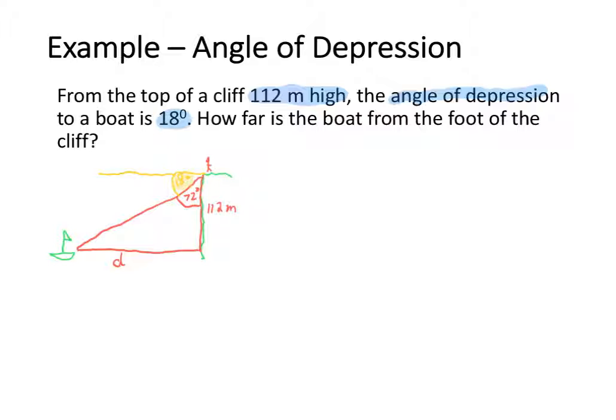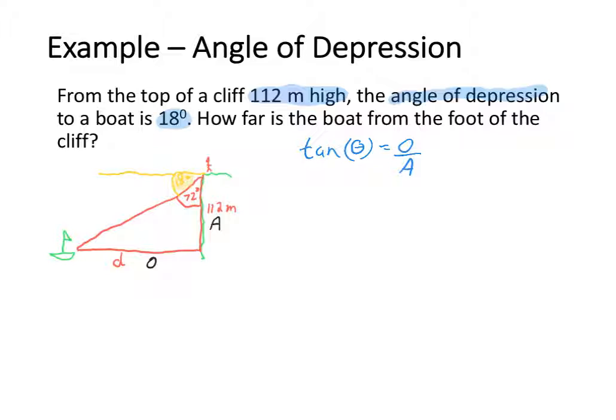So labeling the sides of my triangle that are relevant, I've got adjacent being 112, my opposite being the unknown. So when I've got a right angle triangle and I'm using opposite and adjacent, I can use tan, the tan ratio. So writing that down, tan of an angle is equal to opposite over adjacent.